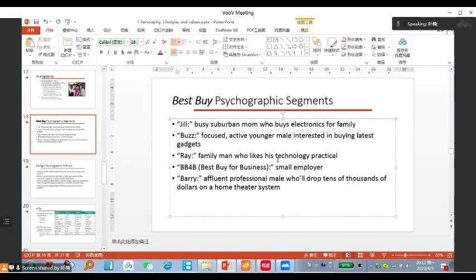So based on this segmentation, Best Buy can develop corresponding promotional strategies to attract the different segments and offer a range of products to meet the needs of each segment.